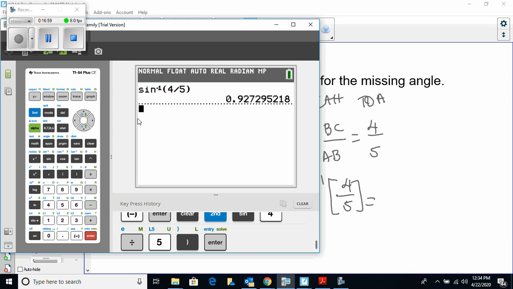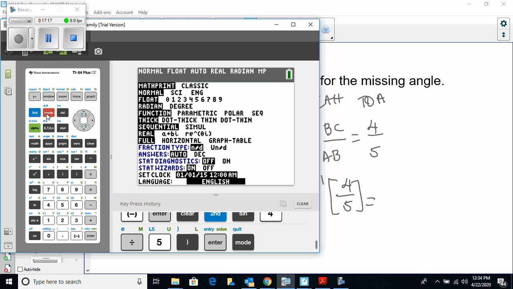Enter, and what do we see here in the calculator? This is a good opportunity to tackle that. What we see is 0.92729 and so on, but this number is when the angle is in radians.